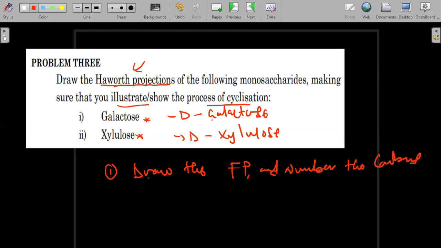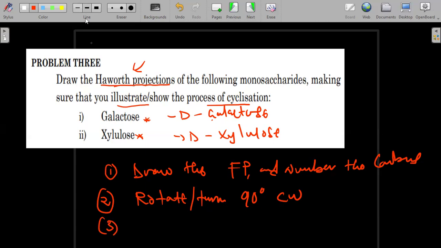After that, step 2, you are going to rotate or turn your molecule 90 degrees clockwise. And then after that, if it is a sugar or a molecule that has 6 carbon chains, you have to take this additional step.